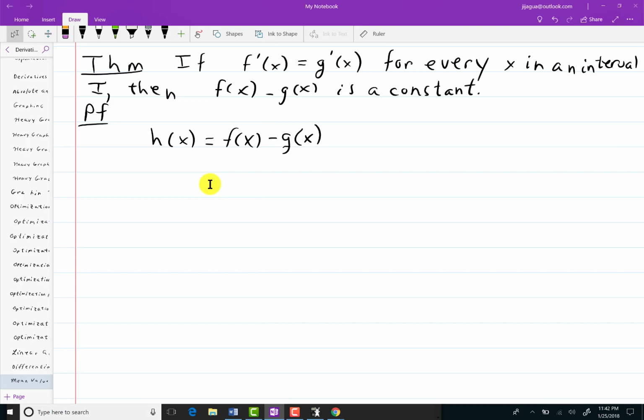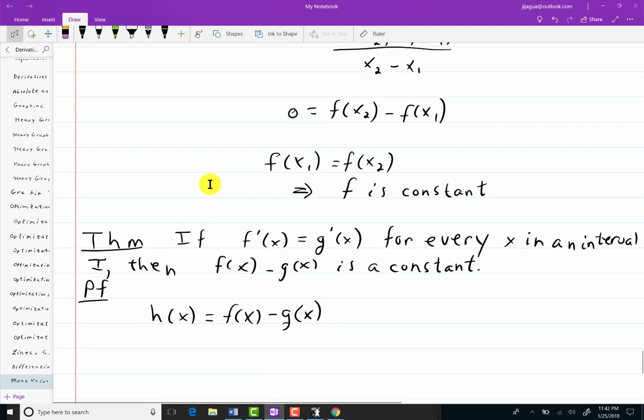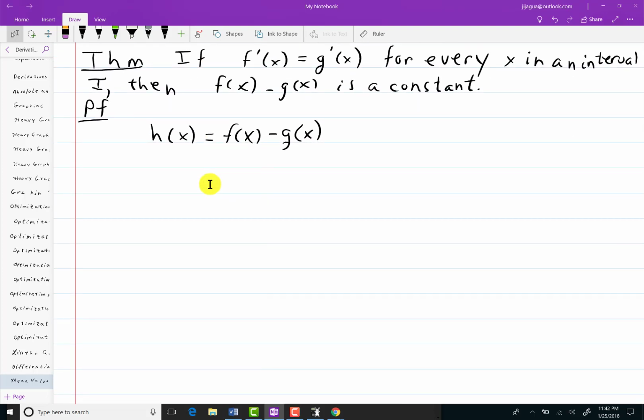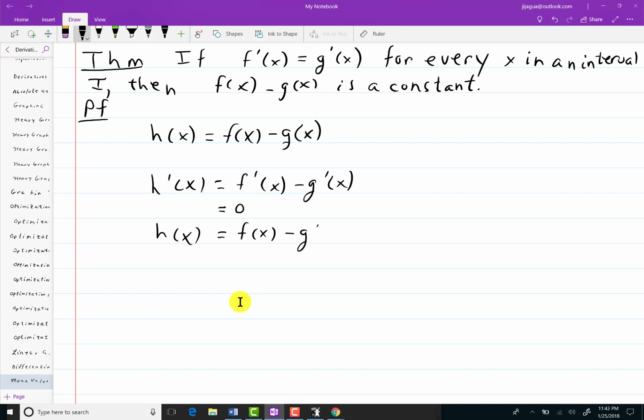And so, in fact, I can use the last theorem that says here we have h prime of x equals f prime of x minus g prime of x. But I know this is equal to 0 because f prime equals g prime. So that means that h of x, which equals f of x minus g of x, is a constant.